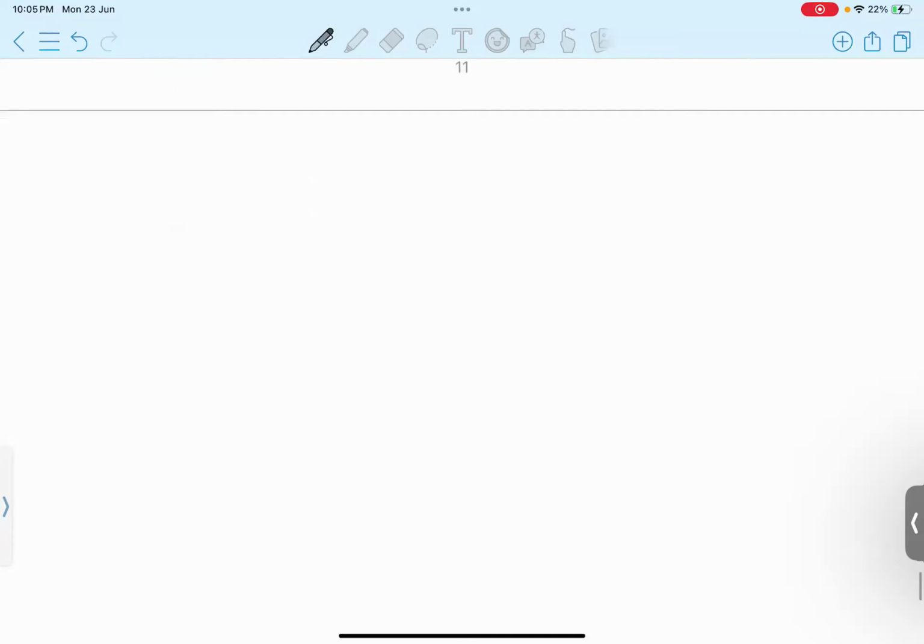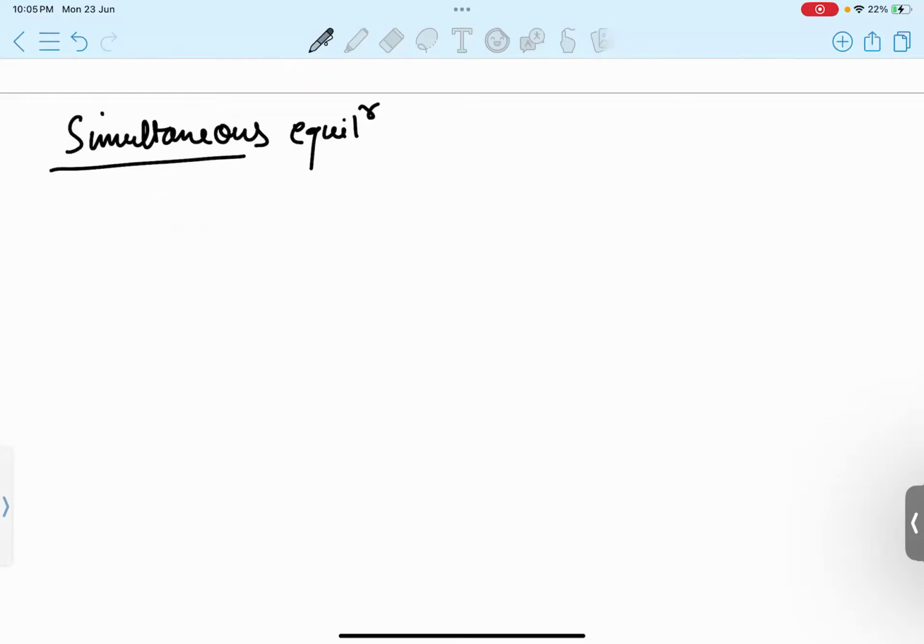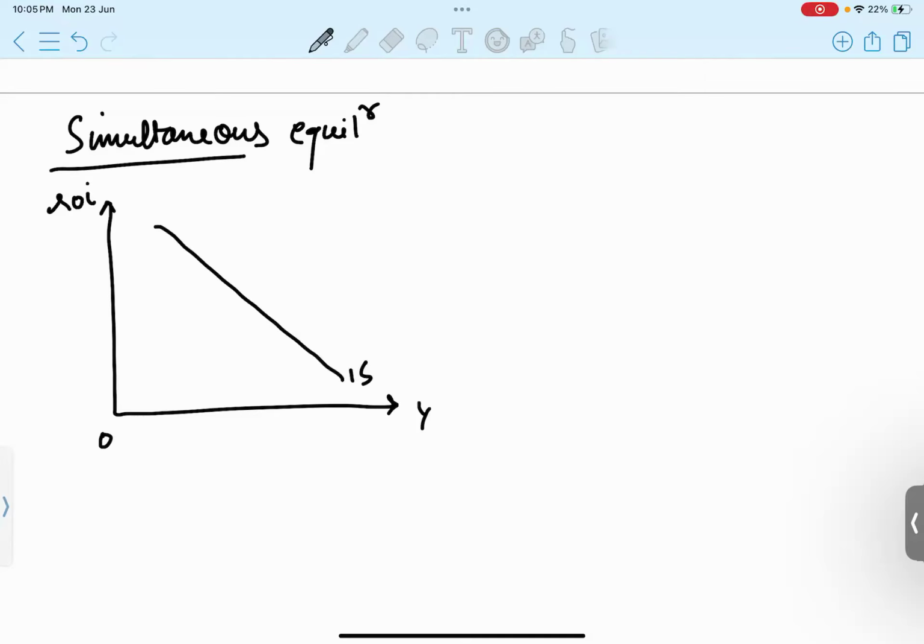Now, when we talk about simultaneous equilibrium between both the markets, we've discussed the goods market and the money market individually. So when it comes to determining equilibrium, we'll draw both the curves together, a downward sloping IS curve and an upward sloping LM curve. This is the equilibrium level that we get.